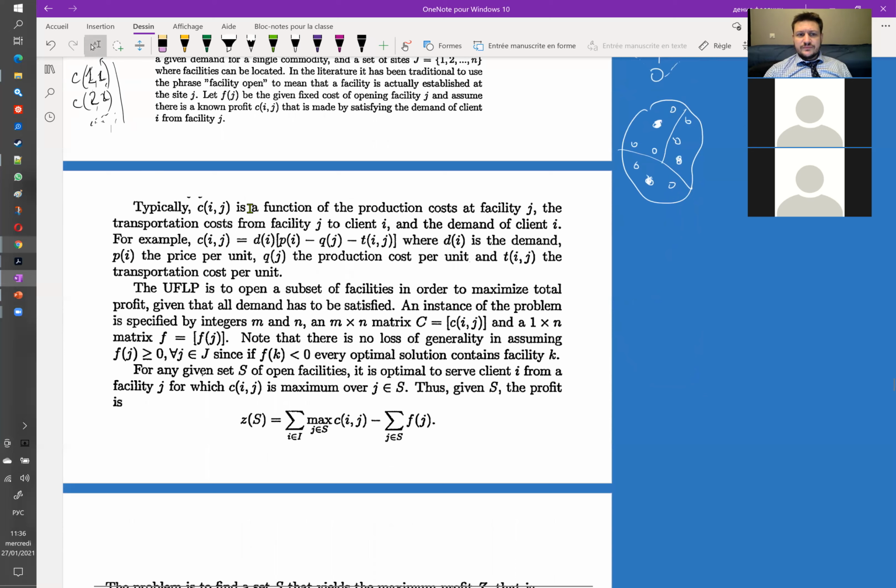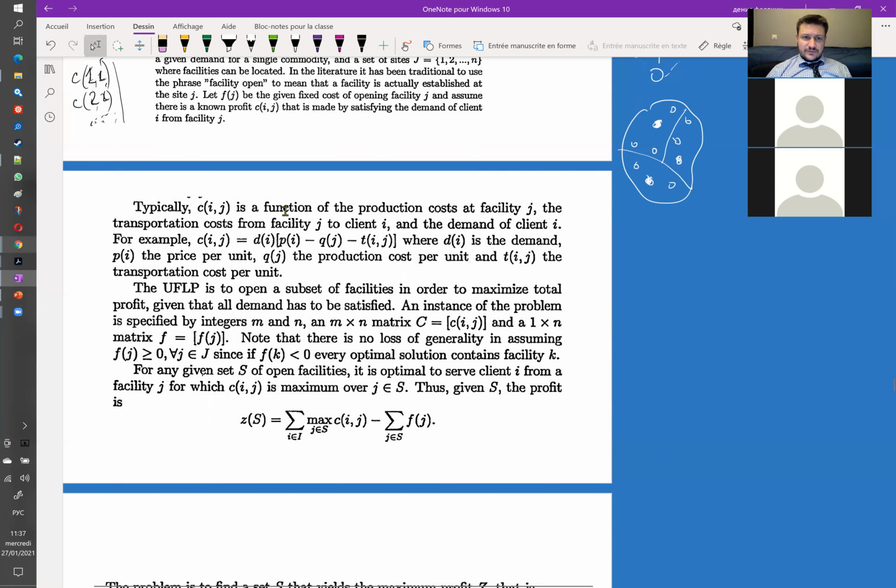Yeah, and there is typically a production cost at facility j, and it's a function of these two variables. There are transportation costs, and there is a special expression here. So g is the demand, how much product our customers need here.